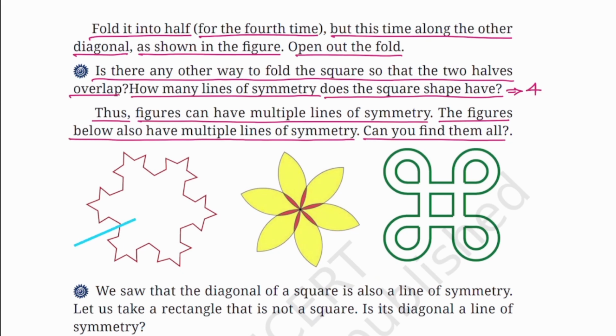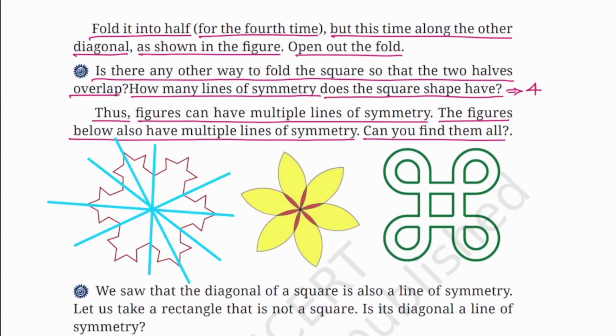You can see this is a line of symmetry. This one is also a line of symmetry. 1 and 2. Then this one, third one, 3. Then 4. Then 5. Then 6. This figure has 6 lines of symmetry.